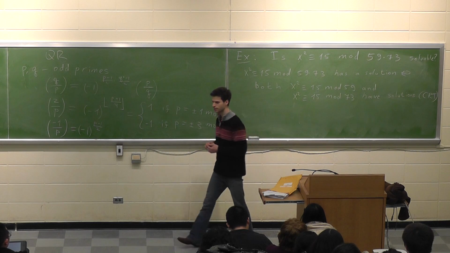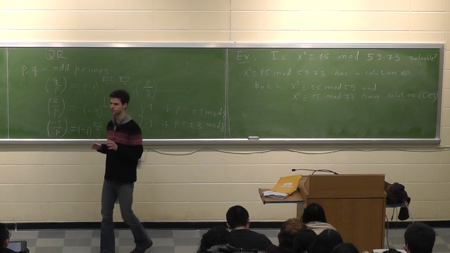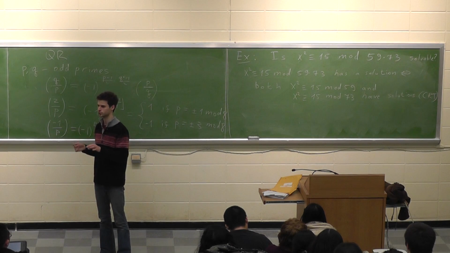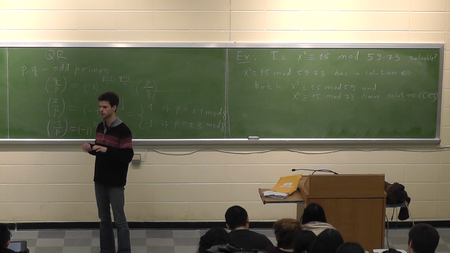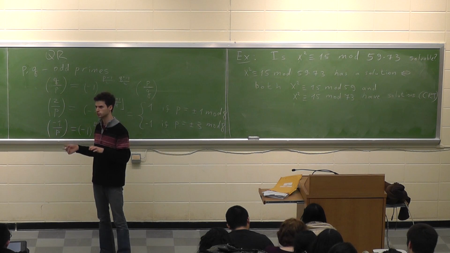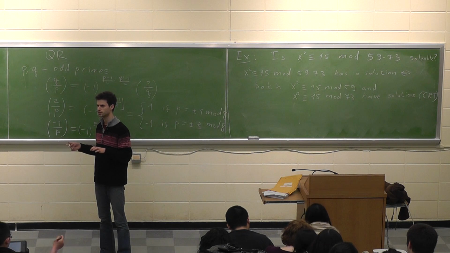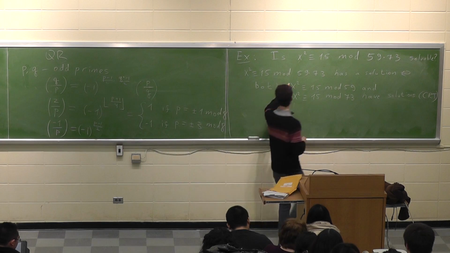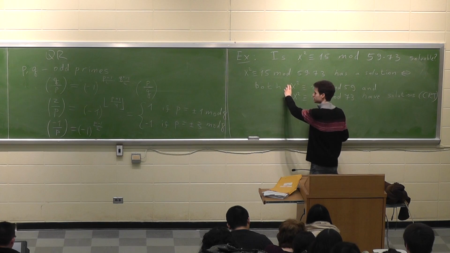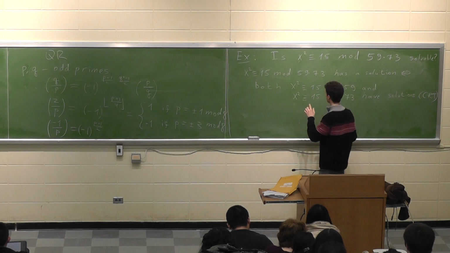Okay, I mean, you're right that if something is some square modulo p, and the same number is a square modulo q, it doesn't directly imply that it is a square modulo pq. But here it's not just some square, it's the same square.